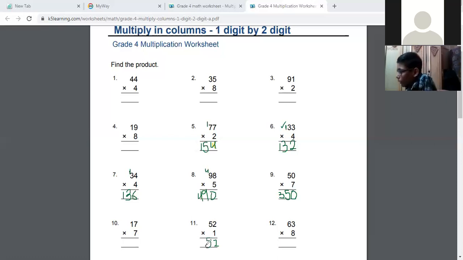Right? 5. Okay. Next. 7 sevens are. Last question. 7 sevens are. Read the table. 7 ones are 7.